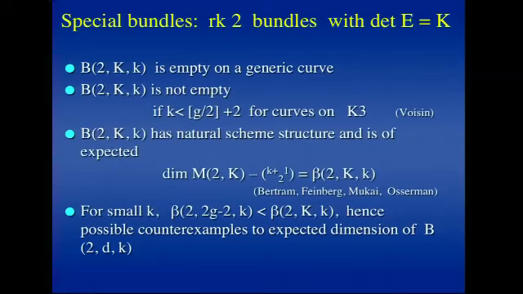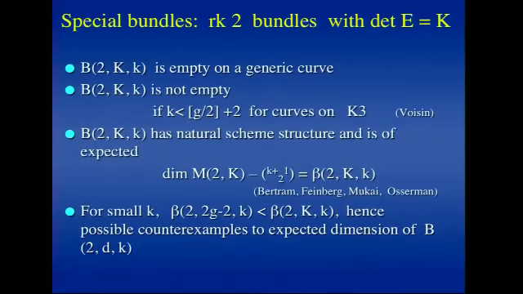Now, the other set of examples come from bundles that have prescribed determinant. And these are the ones that contradict what we would like to have in Brill-Noether theory in many cases, because first of all, B2, this is the canonical divisor, it's usually empty on a generic curve, but it's not empty on curves that are on K3. So on special curves, it's not empty, and on a general curve, it is empty.